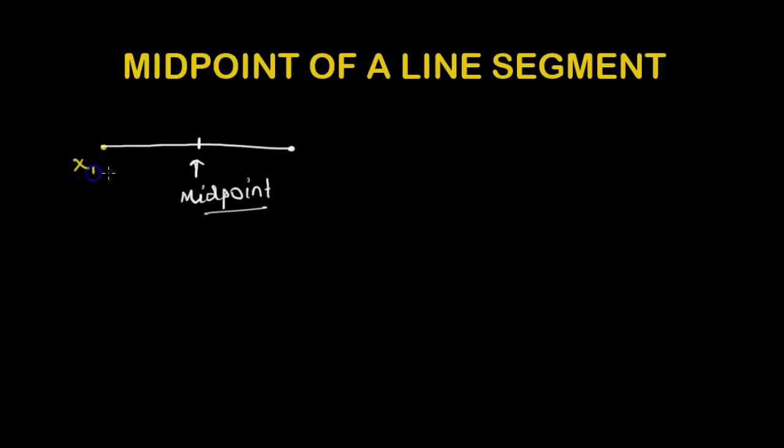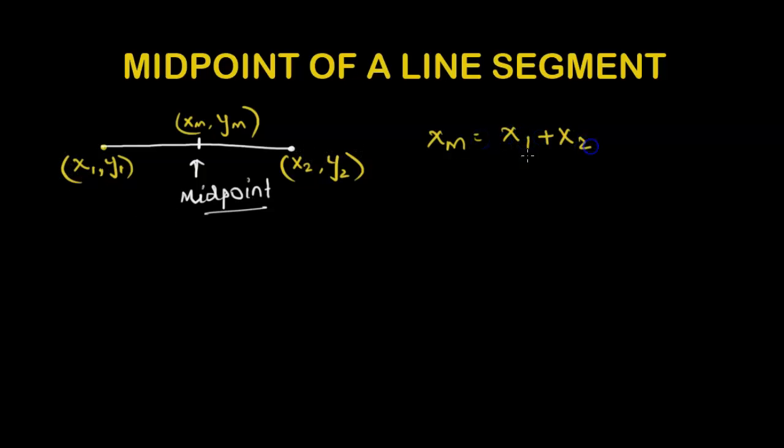So if you're given the first endpoint coordinate as x1, y1 and the second endpoint as x2, y2, then the midpoint is going to have coordinates xm, ym. Therefore, to find the x coordinate of the midpoint, we would just take the average of the first and second endpoint, and the average is x1 plus x2 divided by 2.